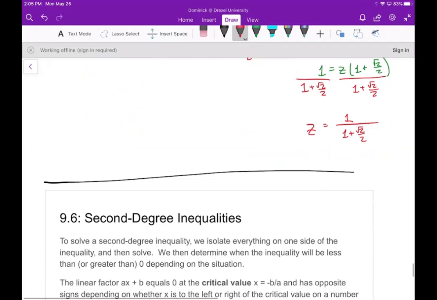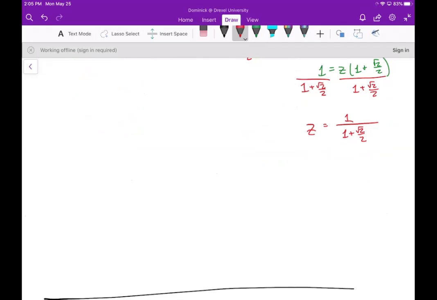And I guess we should simplify this. So one thing we can do is multiply the top and the bottom by 2. And we'll get 2 over 2 plus square root of 2.